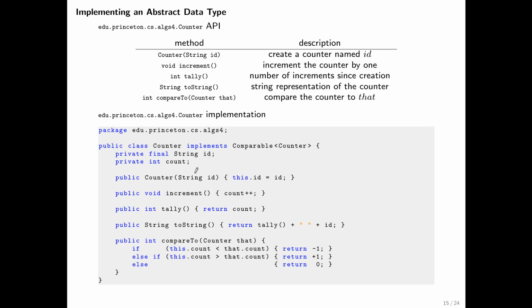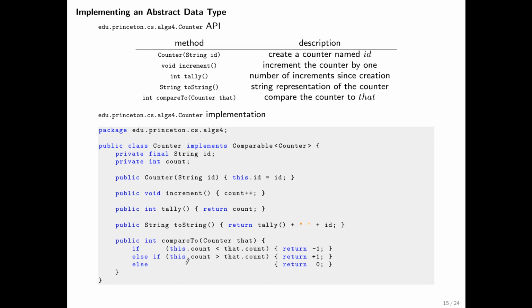And finally, the compareTo method is what allows us to compare two counter objects. So it's an instance method. We are basically comparing this counter, the counter object that is pointed to by this keyword, with that counter object. If this counter's count is less than the other one, we return a negative number. If this counter's count is greater than the other guy's count, we return a positive number, +1.